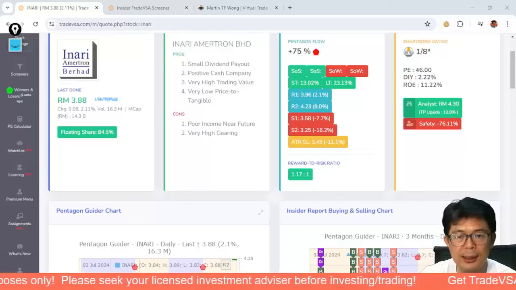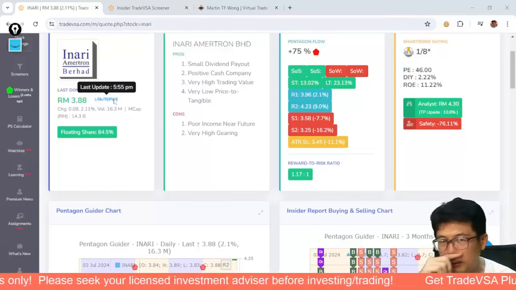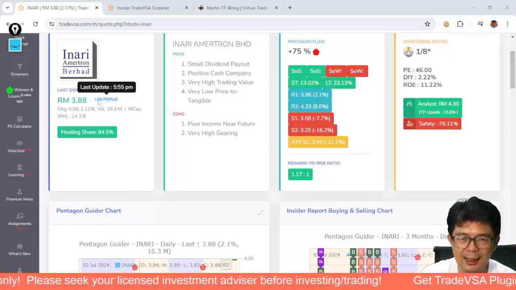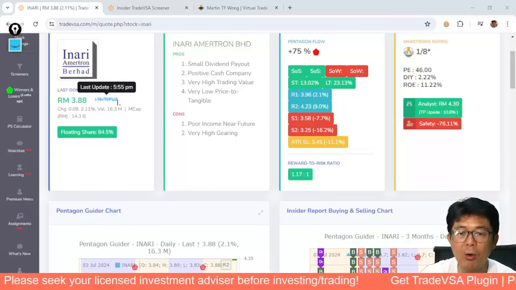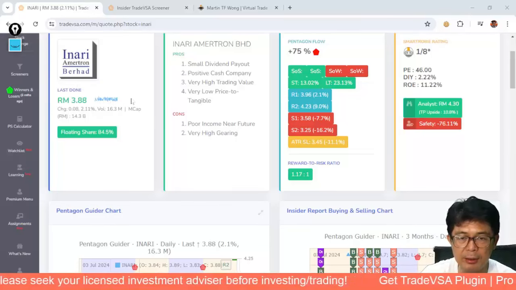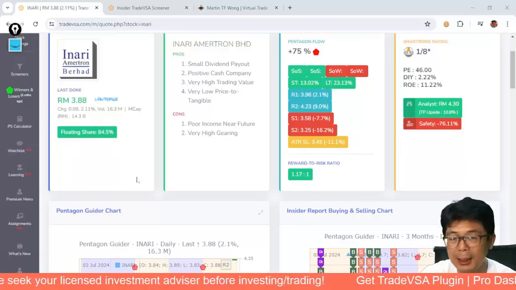This is just the change, the volume, and this little price bar, which is about the fluctuation during the whole day. The whole price fluctuation is in here, and the market cap is very big, 14.3 billion.